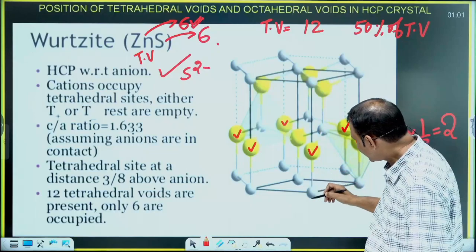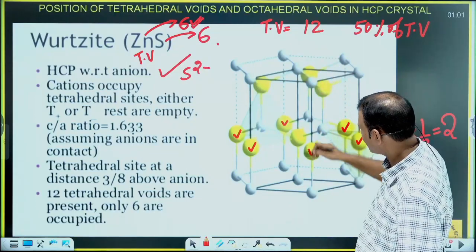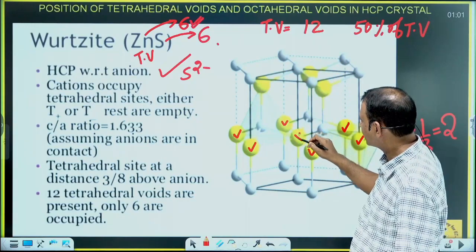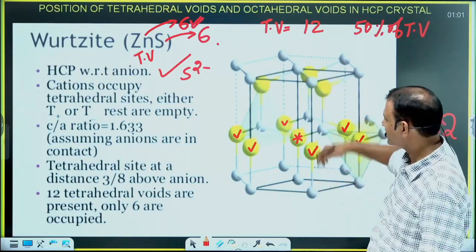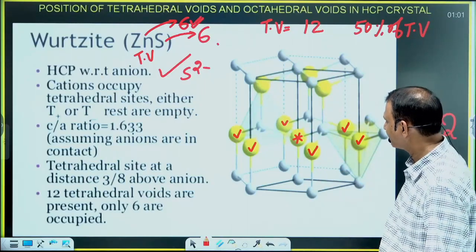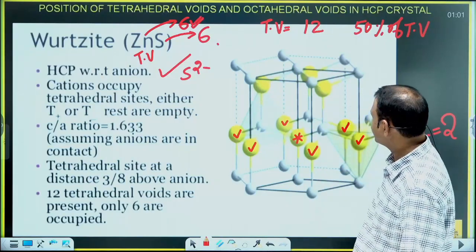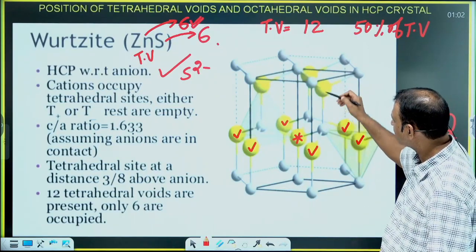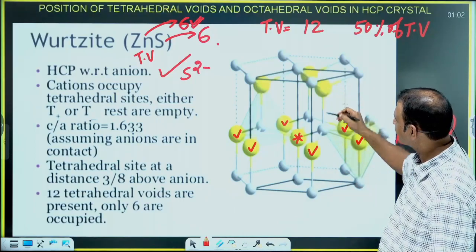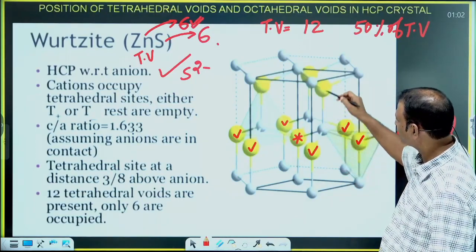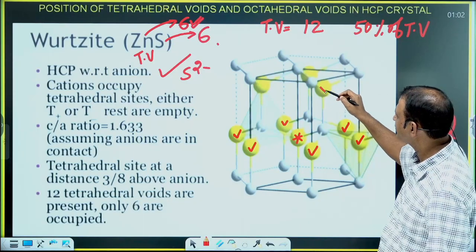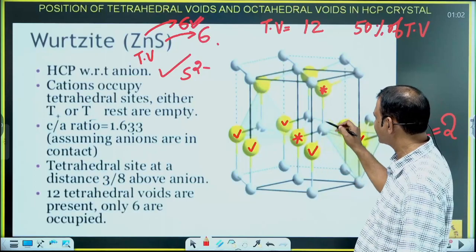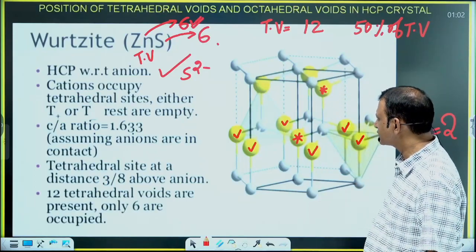Now along the axis of the hexagonal prism, there are 2 tetrahedral voids, and 1 tetrahedral void is occupied. So out of 2, one is occupied symmetrically here. Same way, there are 2 tetrahedral voids with respect to this, one above and one below. Here, the lower one is unoccupied and the upper one is occupied, so its contribution is going to be 1.